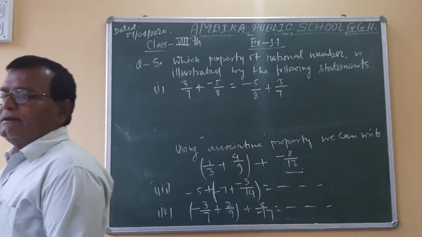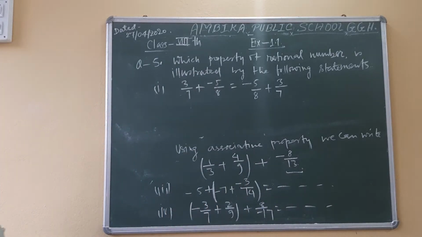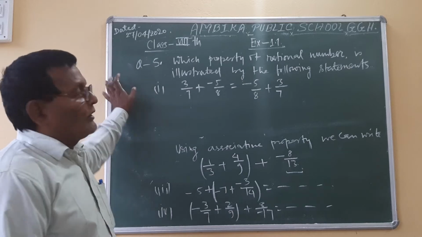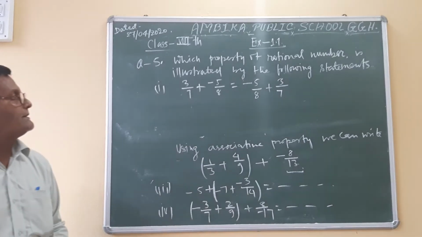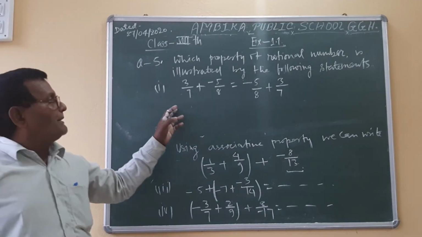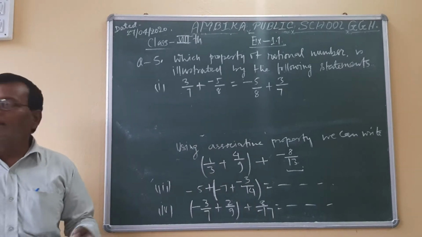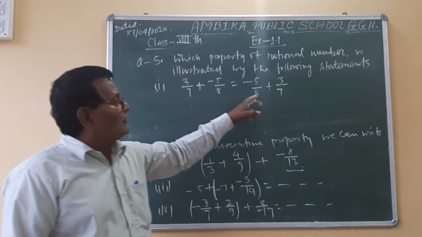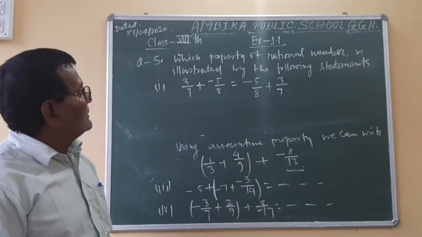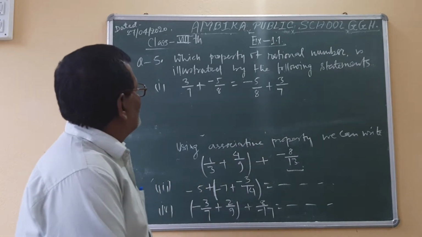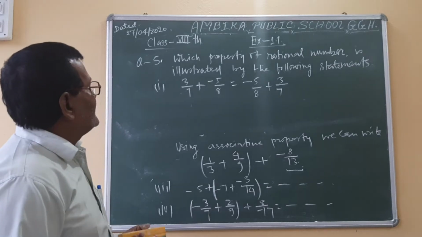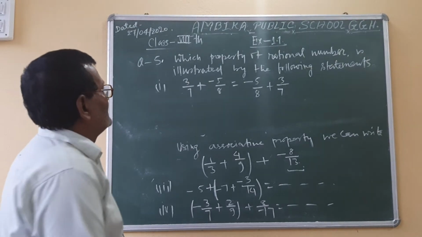We have discussed the properties of rational numbers and integers. If a and b are two integers or two rational numbers, then a + b is equal to b + a. This is the commutative law.